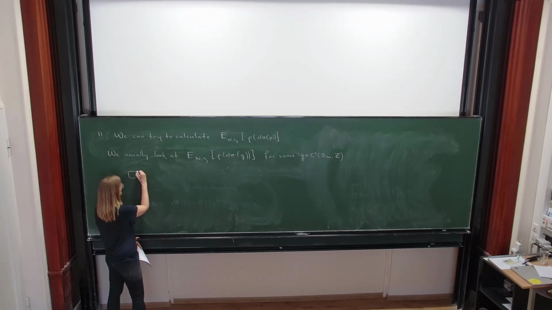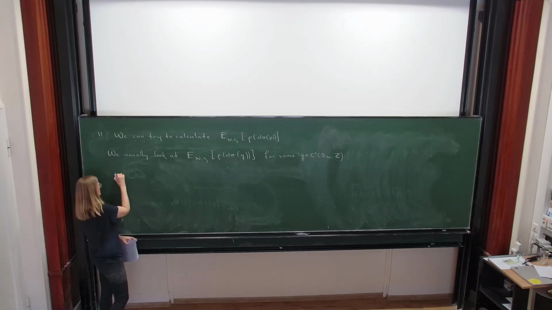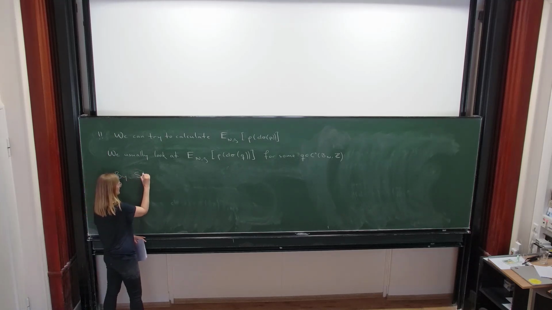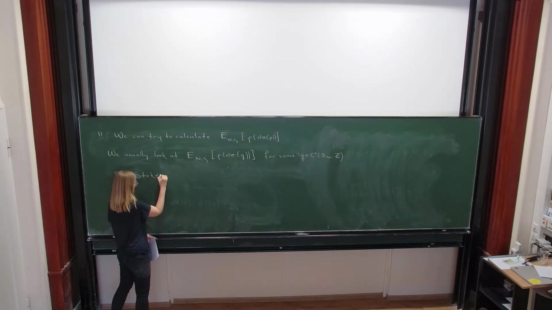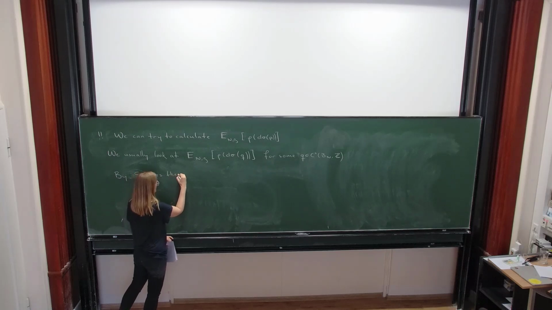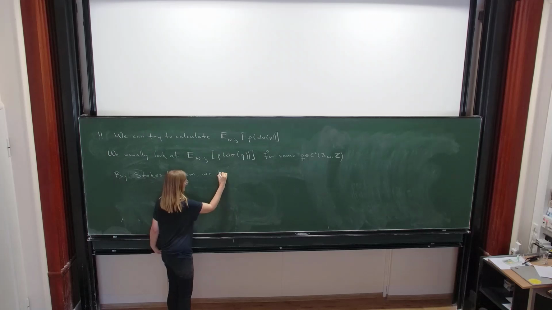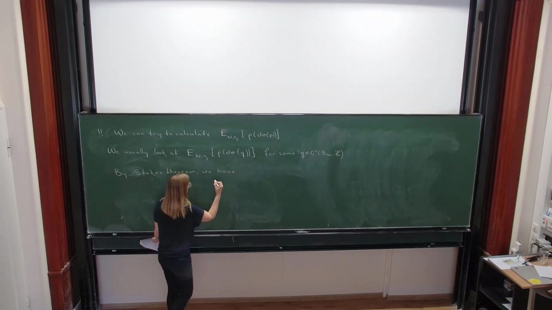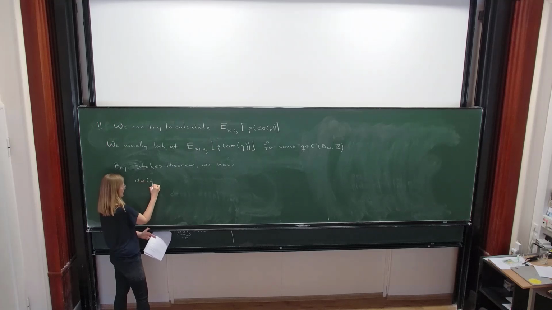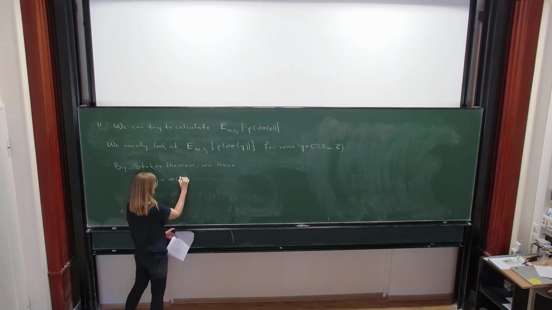Now we had Stokes' theorem, which we wrote on the board just before the break. We have d sigma of Q is the same thing as sigma of partial Q.